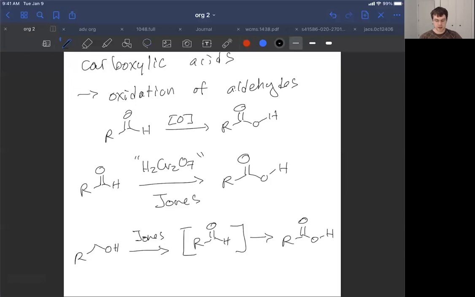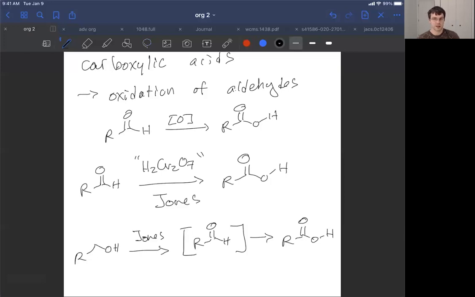Now, the number of people that are converting alcohols to carboxylic acids in the world, that's a big number. A lot of people are converting primary alcohols to carboxylic acids. That's a really important transformation. But the number of people that are doing them with the Jones oxidation reagent versus some other protocol is very small. That is, most people are doing this in a very green process.